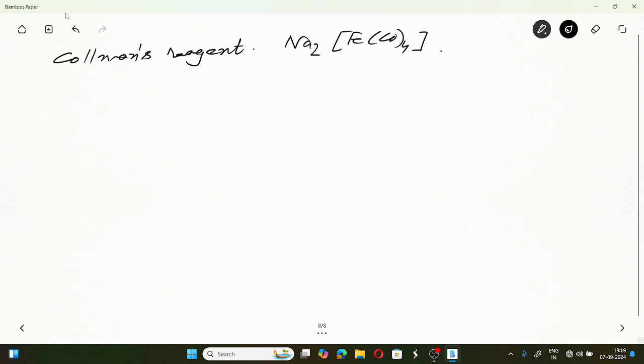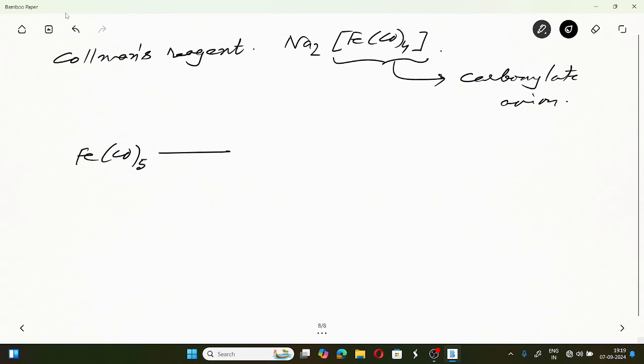ঠিক আছে? Now, এই যে অ্যানায়নটা, এইগুলোকে আমরা কি বলি? কার্বোনাইলেট অ্যানায়ন. দেখো এই যে FeCO4 2-, এটাকে আমরা কি বলবো? কার্বোনাইলেট অ্যানায়ন. দেখো এই যে Coleman's reagent, this can be synthesized starting from FeCO5.